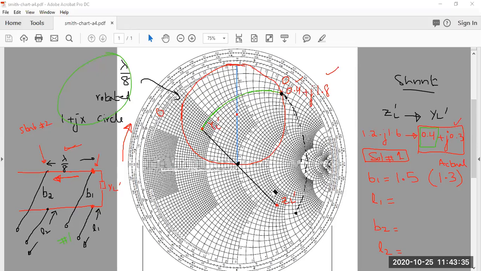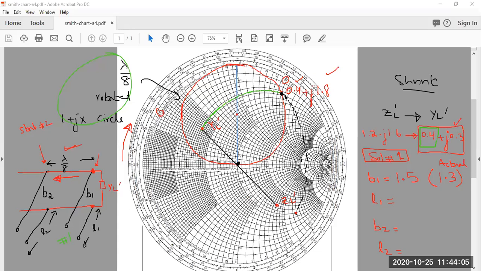You can clearly see why I stopped here: I was drawing a circle and I stopped at this point because here I am crossing the 1 plus jx circle. So automatically I have traveled a distance equal to lambda by 8.